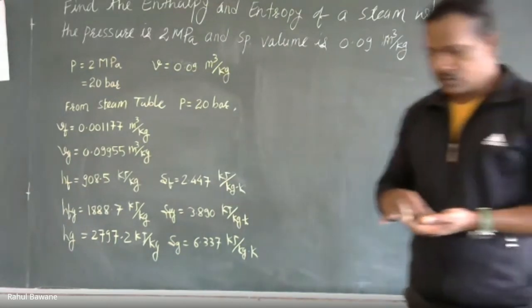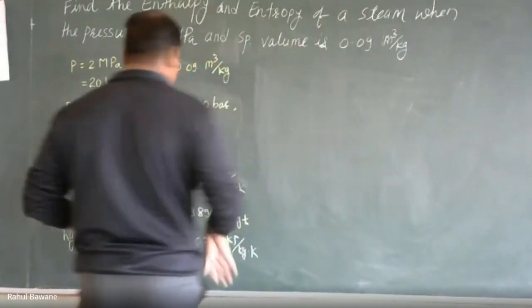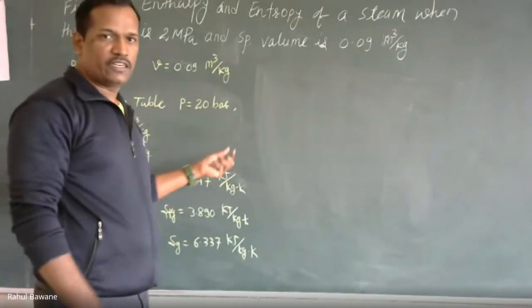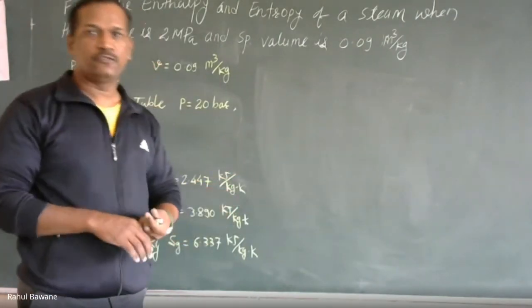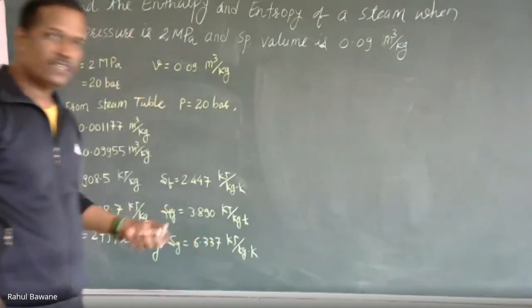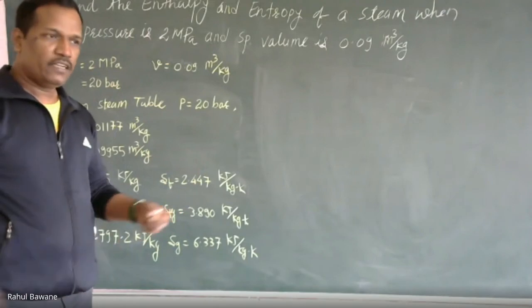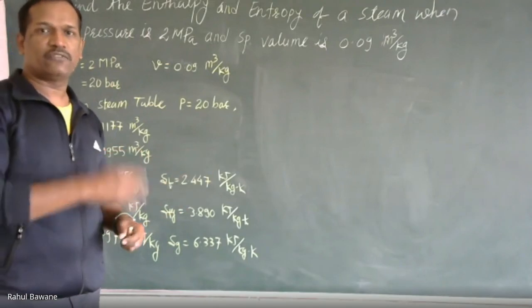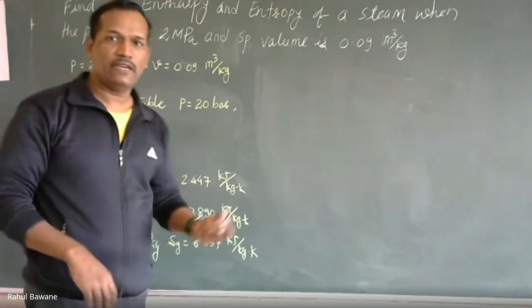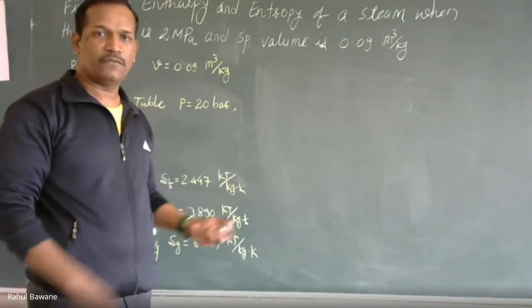Now we don't know whether that steam is dry saturated vapor, saturated liquid, or in the wet zone. So we first have to find the dryness fraction X. If it is 0, then we can say it is saturated liquid. If it equals 1, saturated vapor. But if the X value lies between 0 and 1, it is wet steam.